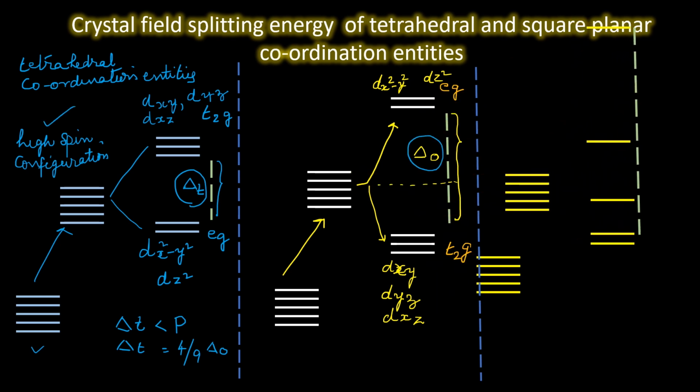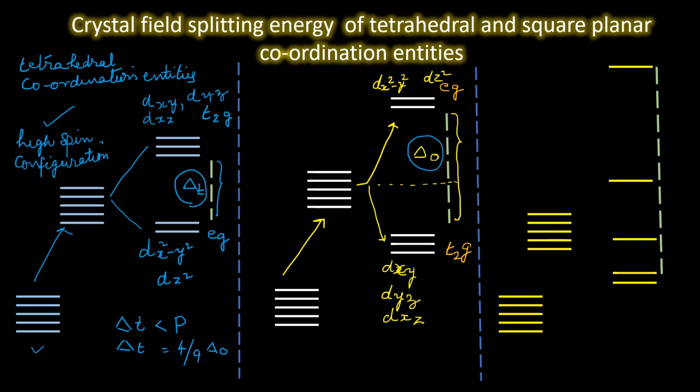Now the crystal field splitting energy for square planar coordination entities and its energy diagram. This is more complex than the other two types, but it can be easily understood when we compare this with the crystal field splitting energy for octahedral complexes.